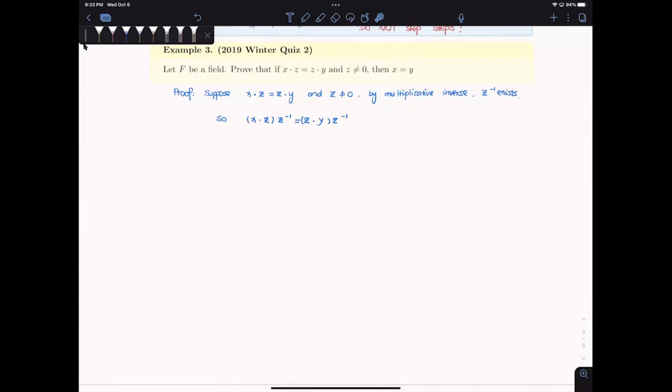I can choose the other side. I can multiply both sides on this. So if you want to move it to here, then you need to move both here. So you either choose left or you choose right. You cannot put them in the middle. Middle is never allowed. Either left multiplication or right multiplication.